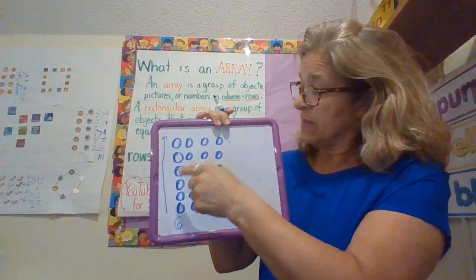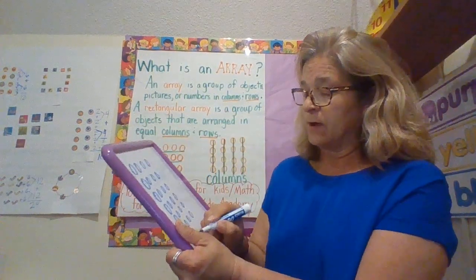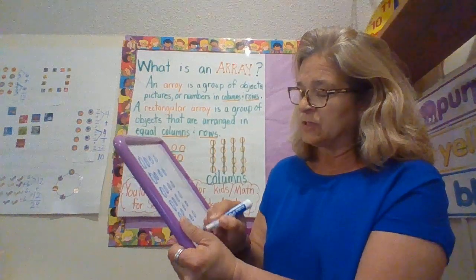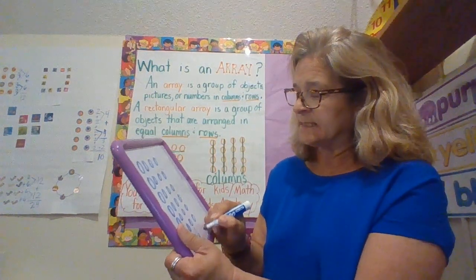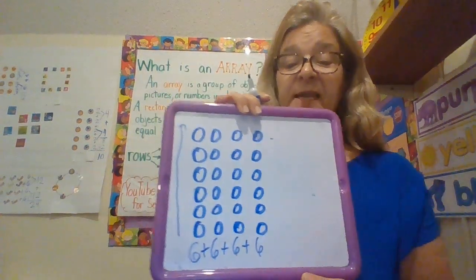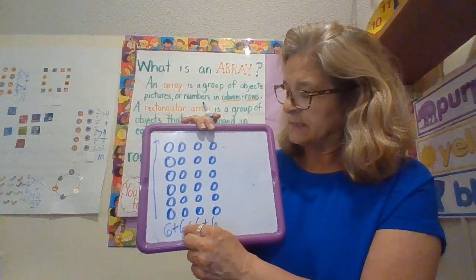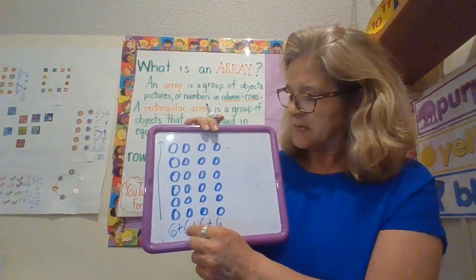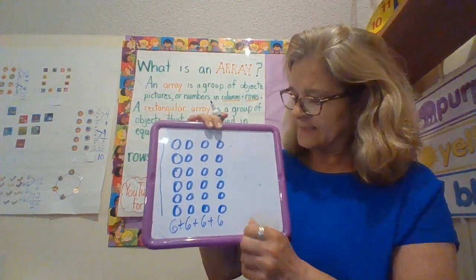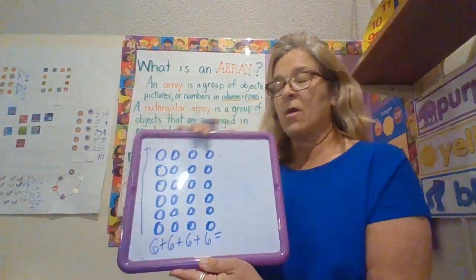Looks like all of the columns are equal, so we don't even have to count again. We know that each column has 6 in it. So if we were going to find out how many objects are in this array, we would say 6 plus 6 plus 6 plus 6, and we would find out how many there are.